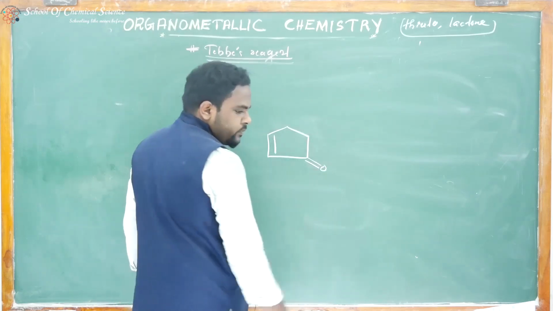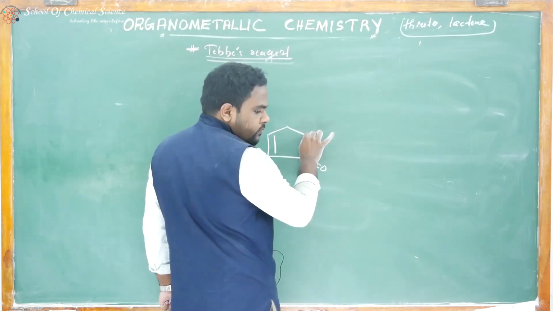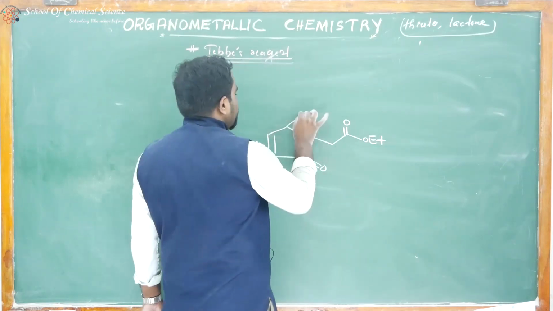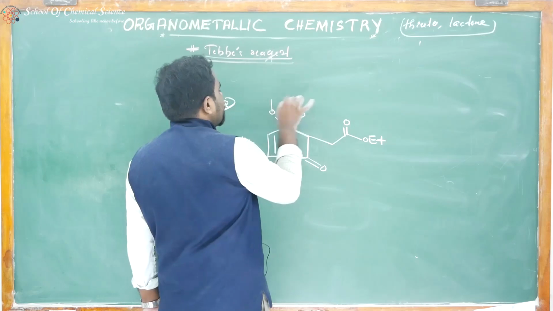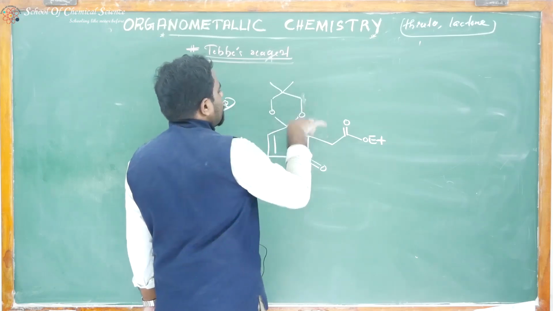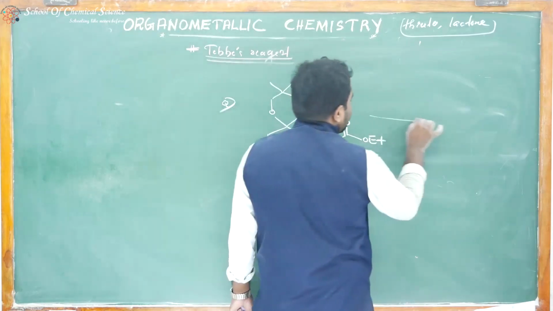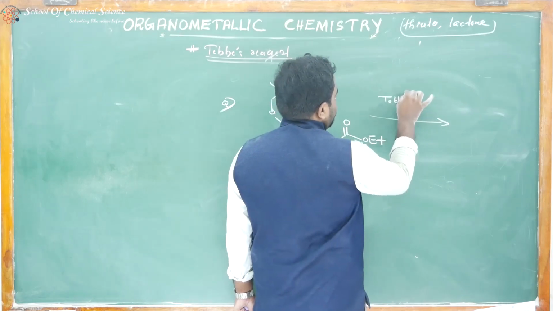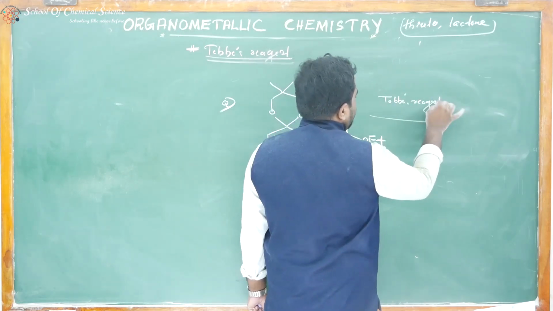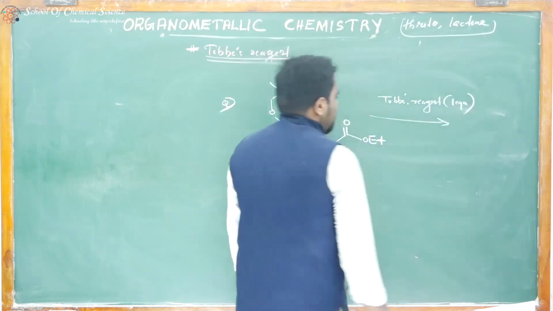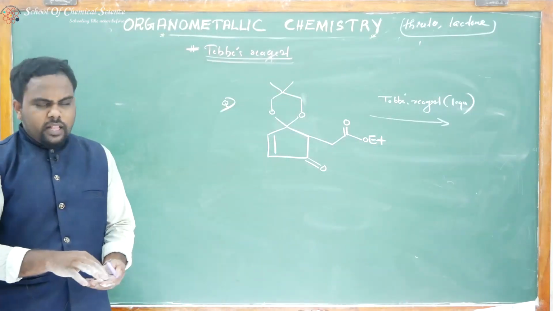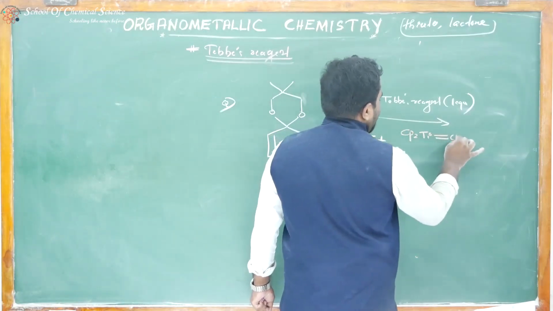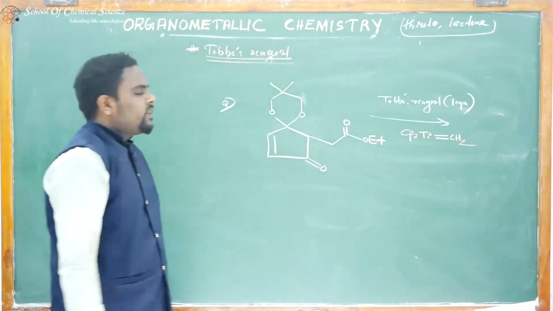The first question: a compound with C=O and OEt reacting with Tebbe's reagent, 1 equivalent. What is the normal active form of Tebbe's reagent? Cp2Ti=CH2. This is the active form of Tebbe's reagent.